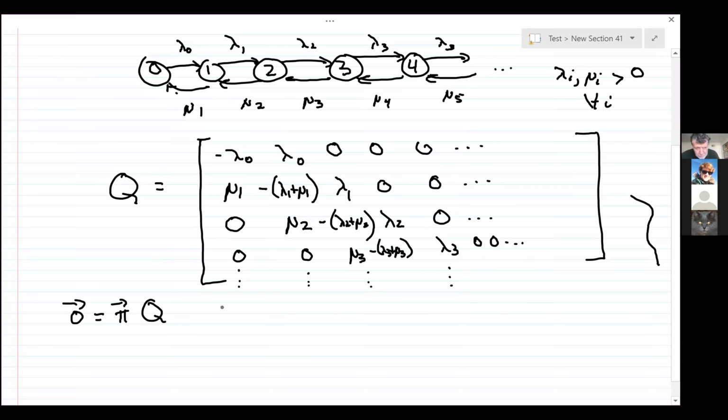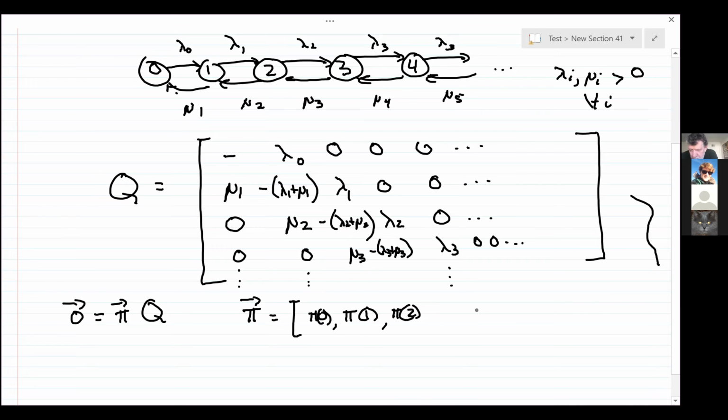Pi would have pi 0, pi 1, pi 2, etc. The algorithm will not work here. It's an infinite dimensional matrix, so we have to start by hand and look for some patterns.